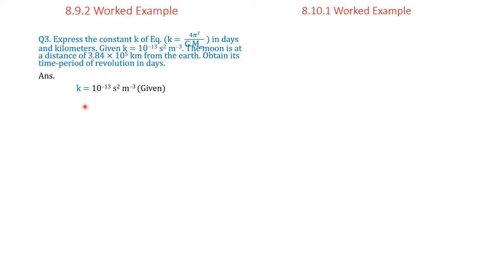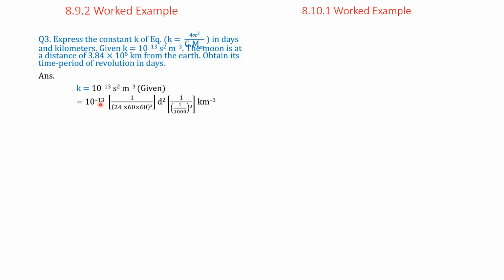It is given that k is equal to 10 to the power of minus 13 s square into m to the power of minus 3. You see above. Therefore, we have to convert this seconds into days, and hence it has to be divided by 60, that is seconds into minutes and minutes into hours.